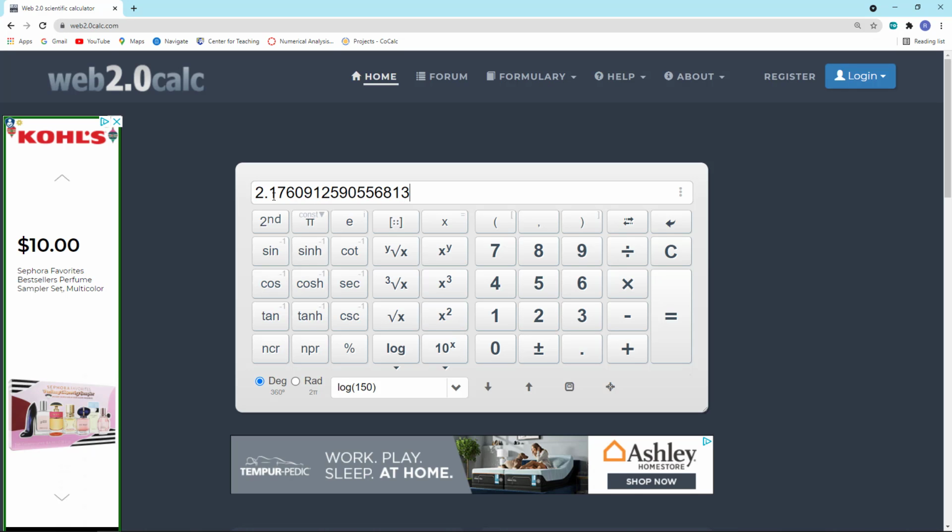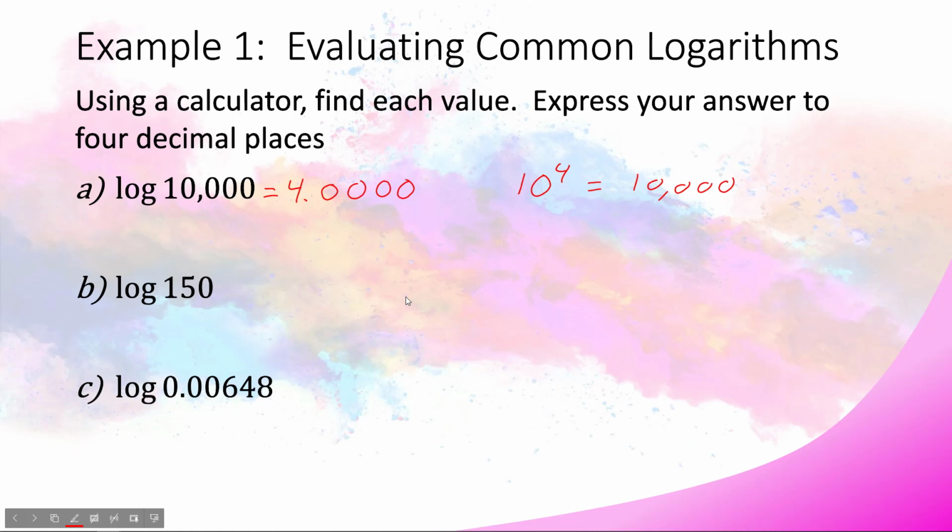And if I do, I will have that this is equal to 2.17609. Now notice that the 5th decimal place is a number greater than 5, so that means I want to round up, and I want to round the 4th decimal place up by 1 value, which would bring that to a 1. And so this would approximate 2.1761, and this is what I would want to put into MML.